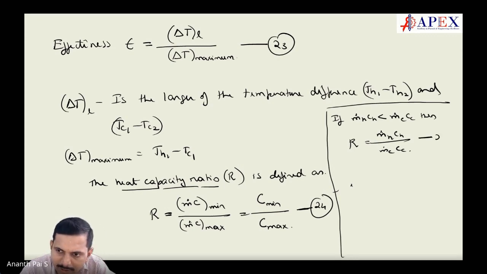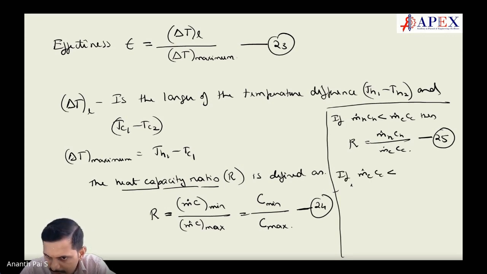This is equation number 25. If m dot cCc is less than m dot hCh, then R is equal to m dot cCc divided by m dot hCh.